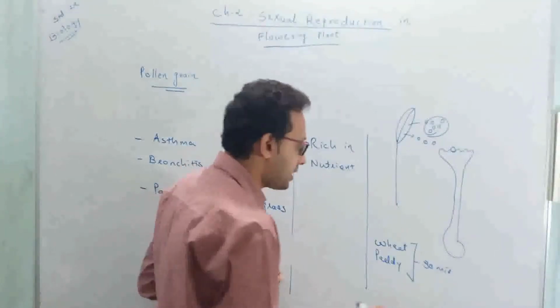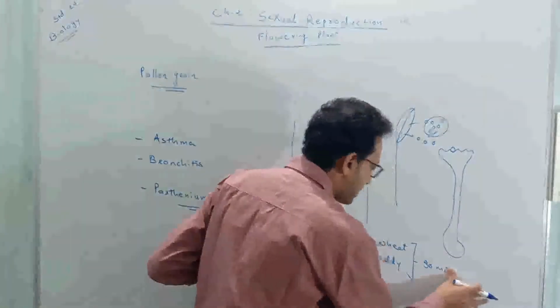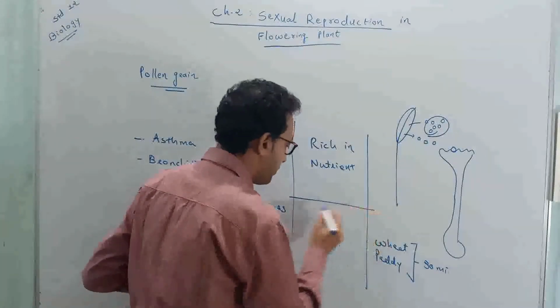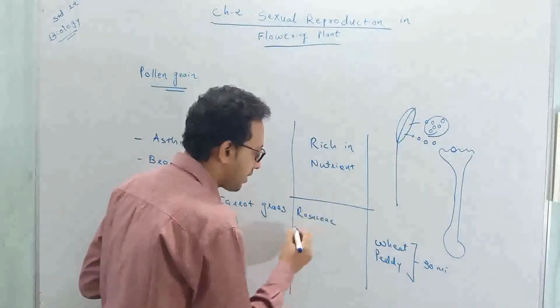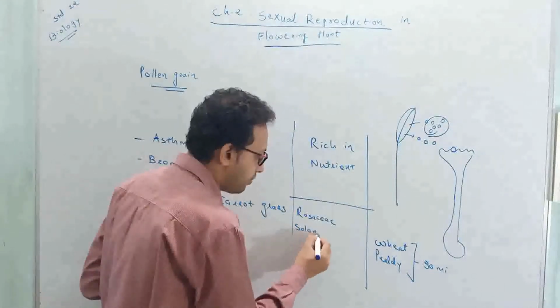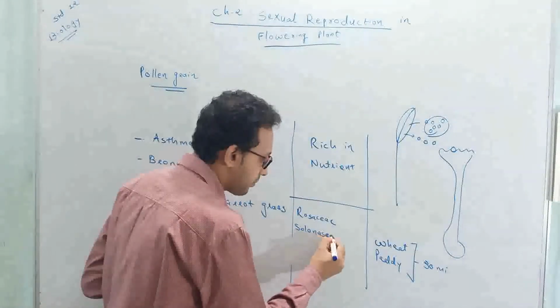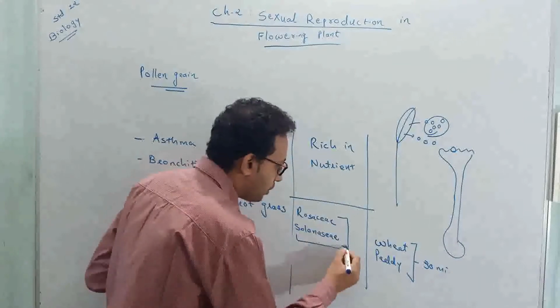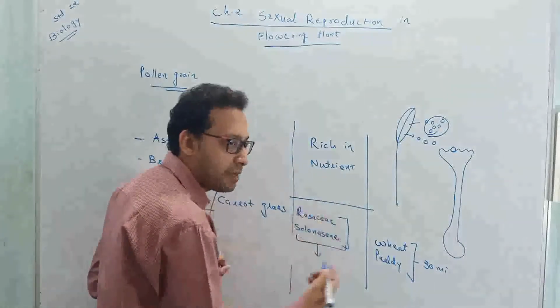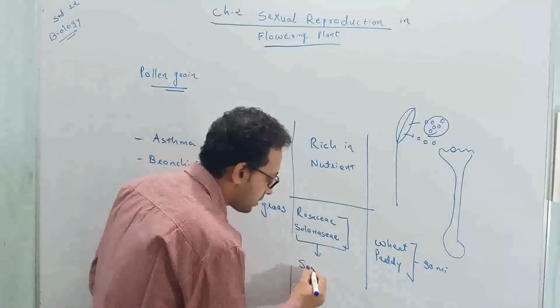Next, in case of certain other plants, like a plant from the Rosaceae family or the Solanaceae family, the pollen can remain viable for several months.